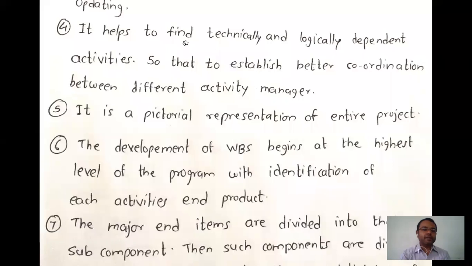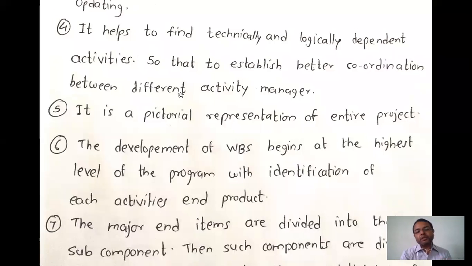This work breakdown structure helps to find the connection and dependency between the different activities, technically as well as logically. By finding this dependency, we can establish better coordination between different activity managers.